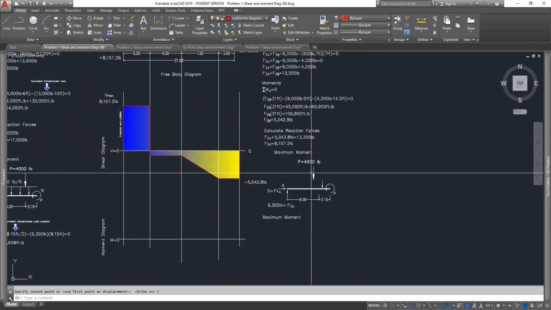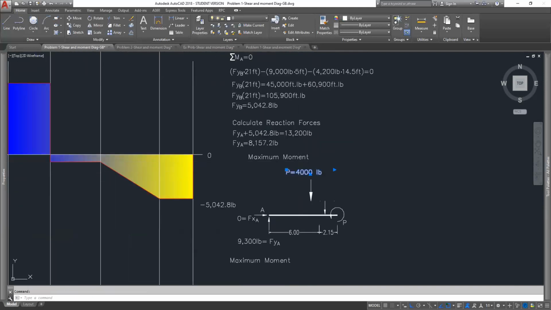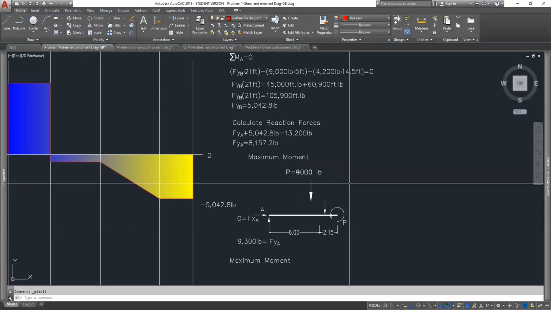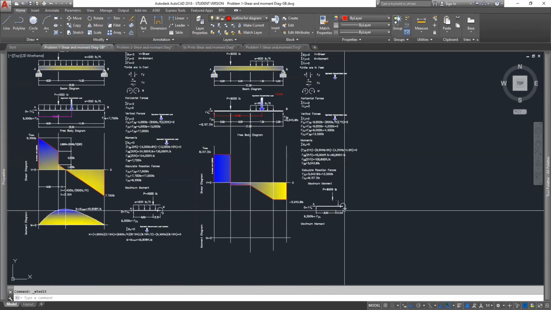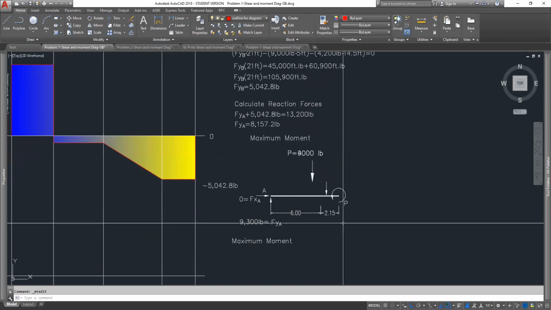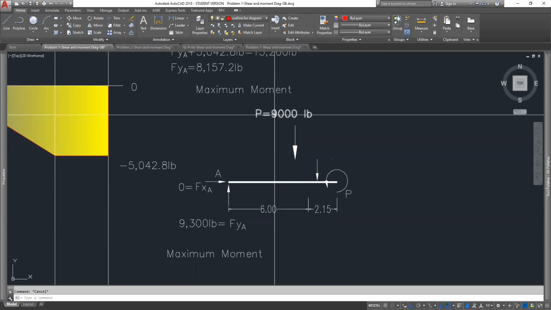And what is our load at that point? 9,000? And at what location is P located? It's one and the same, right? Correct?